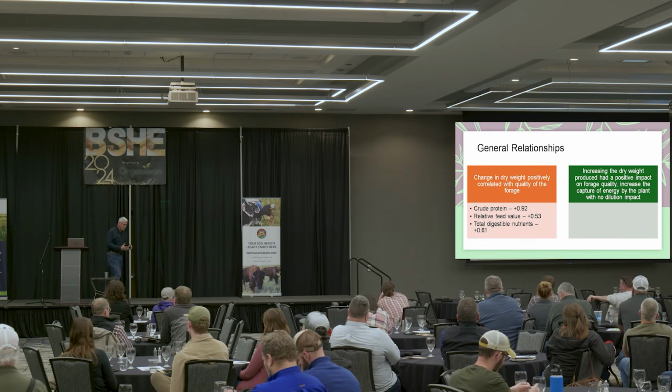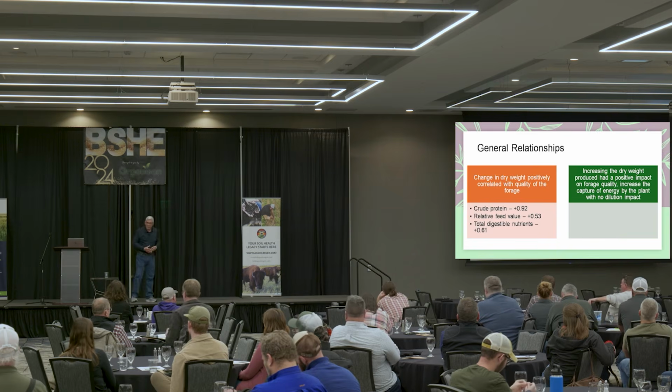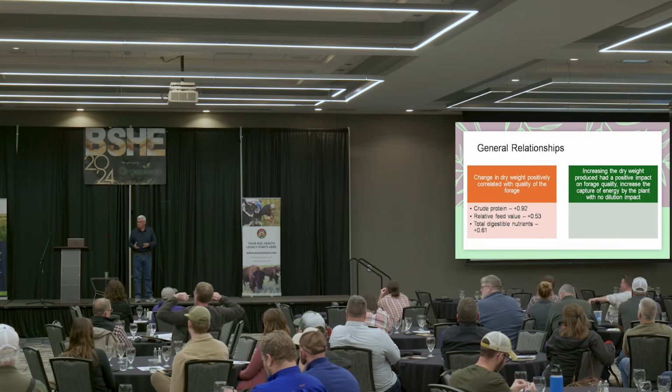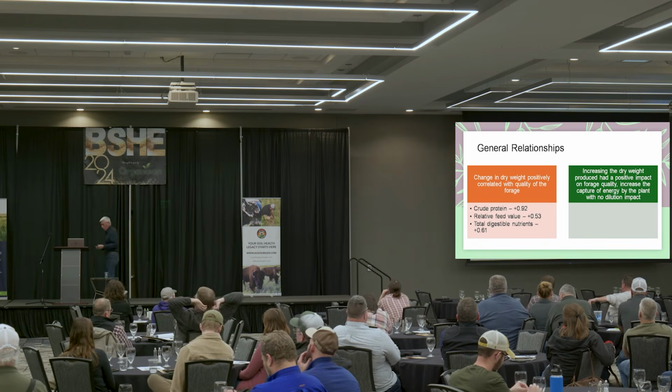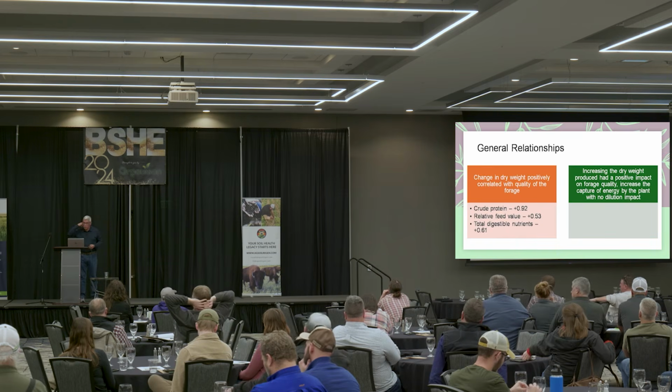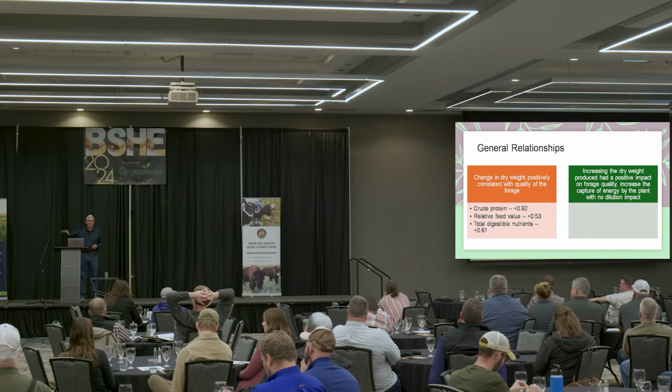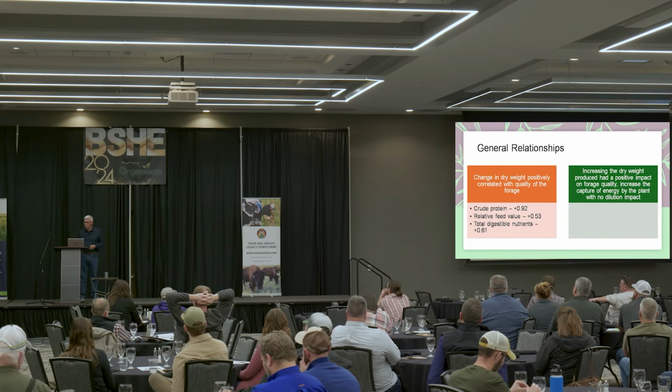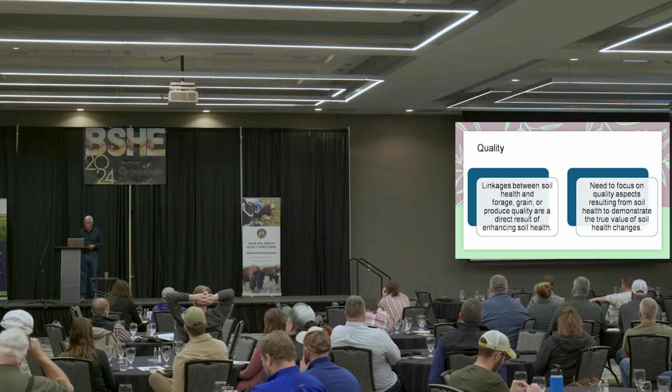We can change this system in lots of different ways by putting more energy into it. This positive impact on forage quality is a capture of energy by that plant, but with no dilution impact. A lot of times when we grow a bigger plant, we actually reduce the value because of dilution, but we didn't see that.